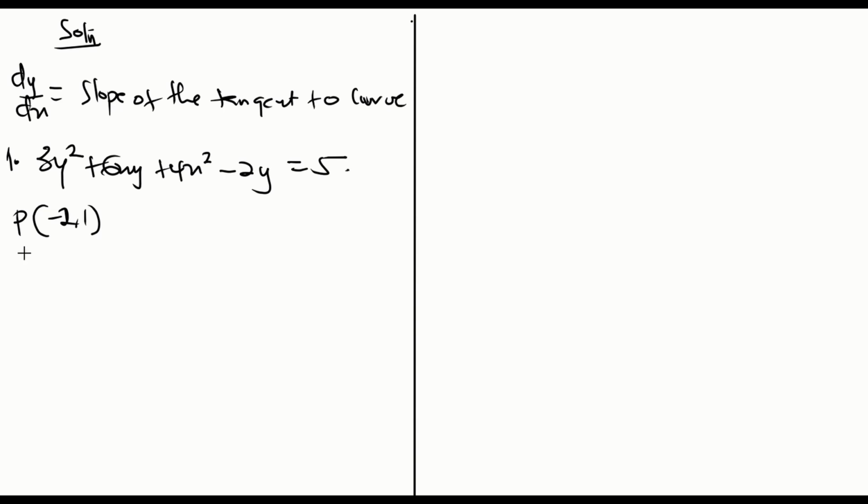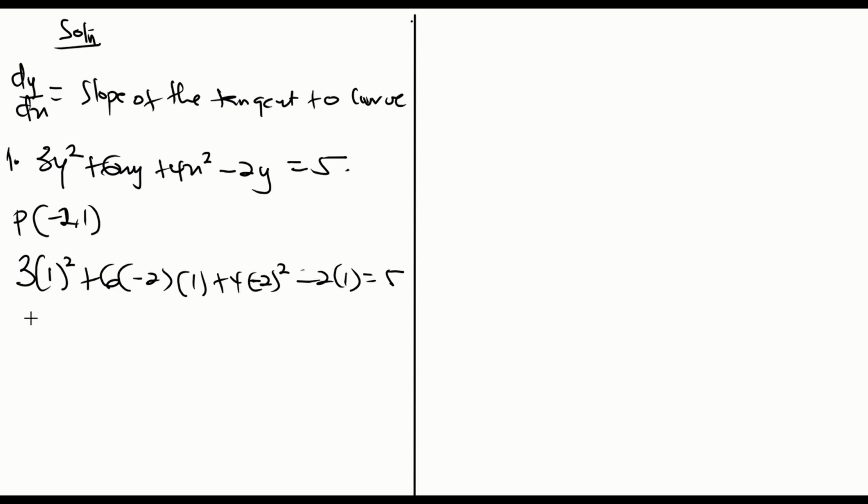Then we have 3 times 1 squared, plus 6 times x, which is -2, times y, which is 1, plus 4 times x, which is -2, squared, minus 2 times 1, that's supposed to be my 5.